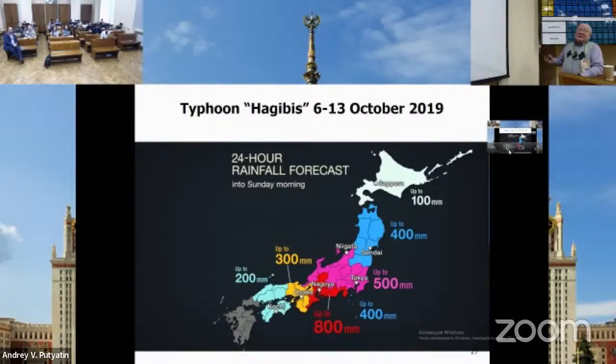I would say that Mayak for the whole year has only 400 millimeters. Here in Fukushima, we had 400 millimeters a day. In Chernobyl, the annual precipitation is about 600 millimeters. Total annual precipitation in Fukushima is about 1500 to 1800 millimeters.